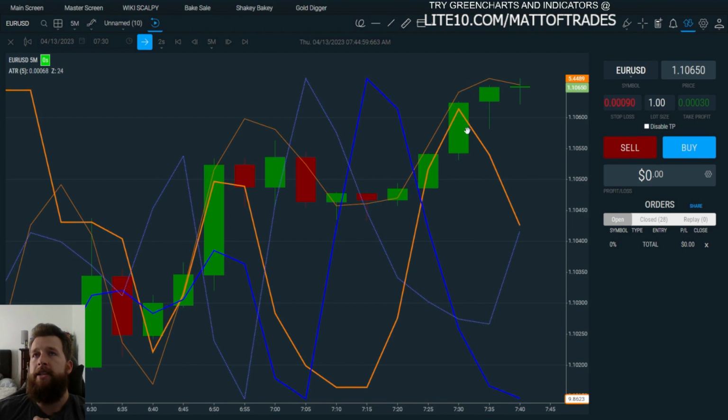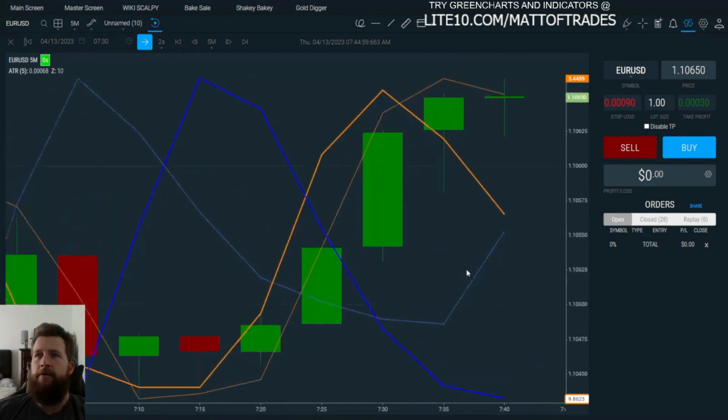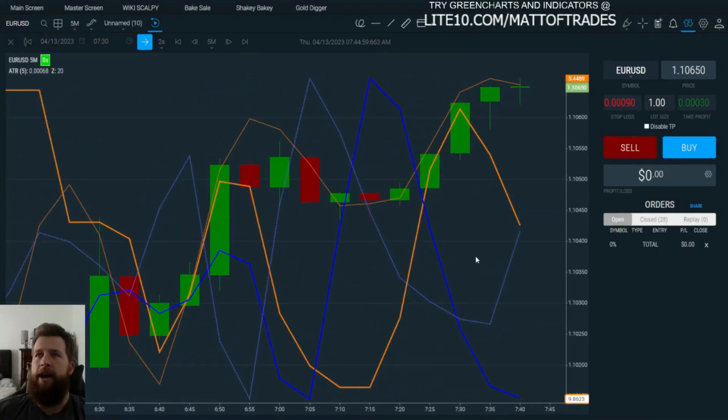Our thick orange has decided to move down, and our thin blue is pointing up, opposite of thick orange, and it looks like they're about to cross, which doesn't really matter. We're not necessarily looking for crosses a whole lot here, just because, depending on where your zoom is, they can kind of move.